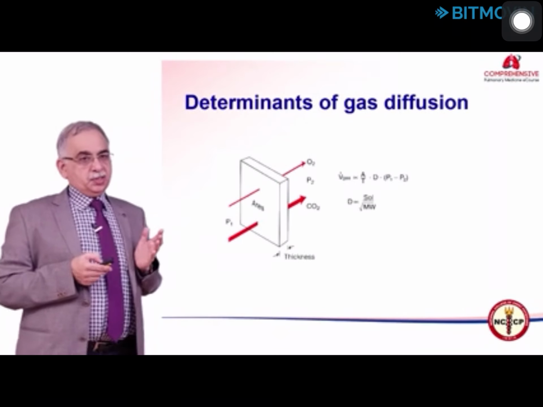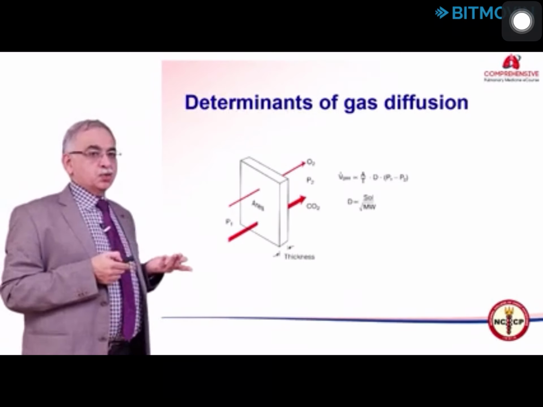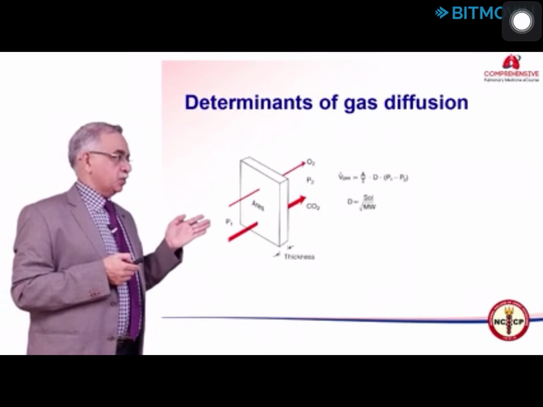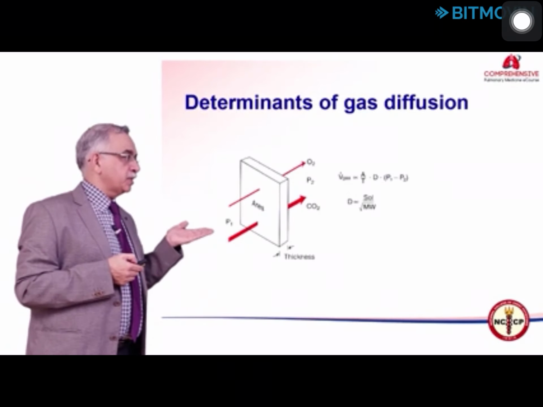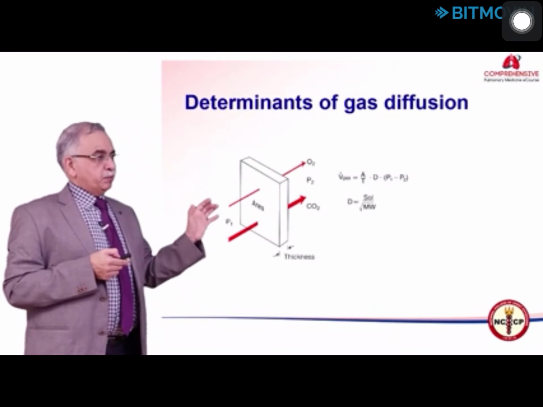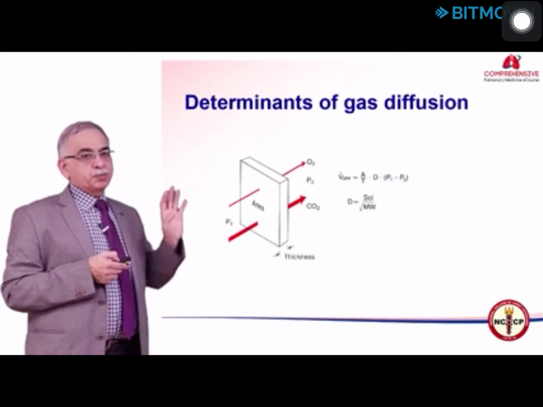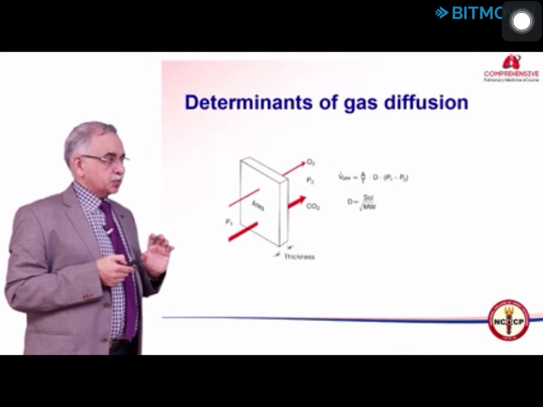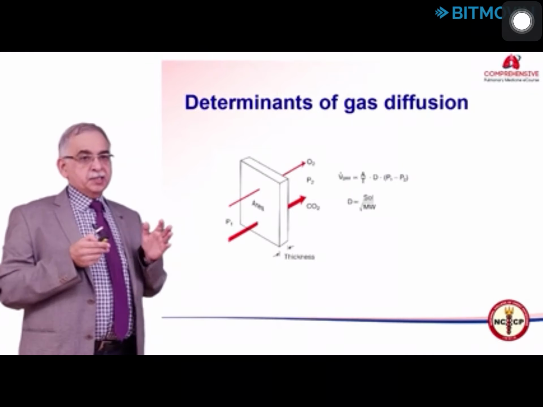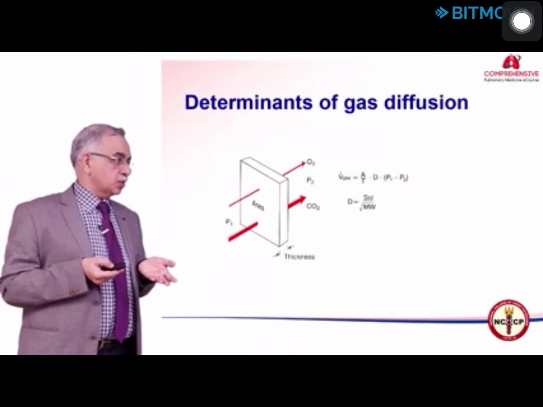What determines how fast a gas will go across? One is the pressure difference. What is the pressure on one side of the alveolo-capillary membrane and the pressure on the other side? It will be directly proportional. So, P1 minus P2 is the pressure difference. What is the area available for diffusion? That is the size of the alveolus.